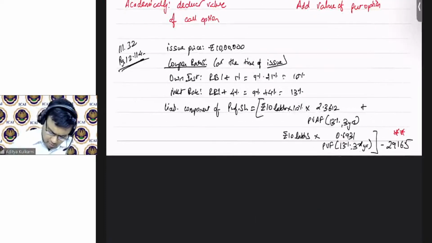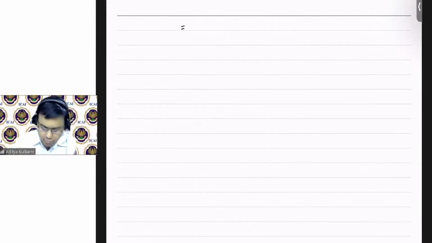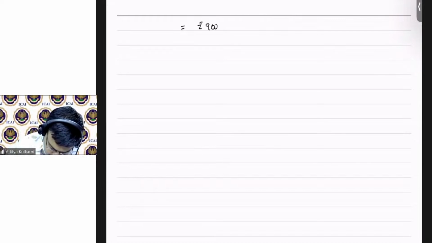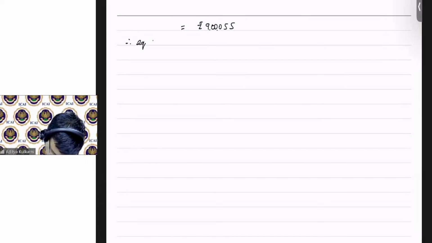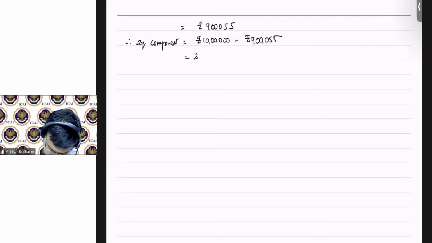If you proceed to calculate, it will come to rupees 9,055,000. Therefore, equity component is 10 lakh minus 9,055,000.